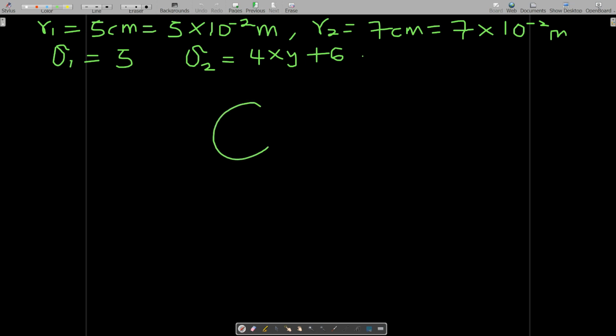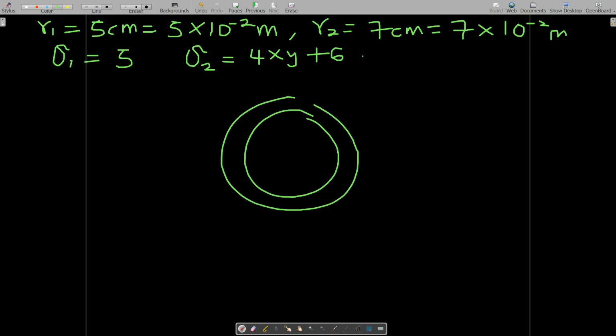I have a ring. We all know that a ring is circular in nature. This is how rings look. These parts are what we call the ring. If I put a ring on a surface, the shaded portion will be the ring.